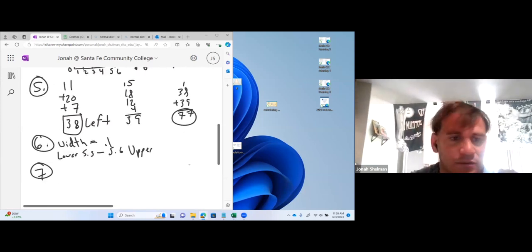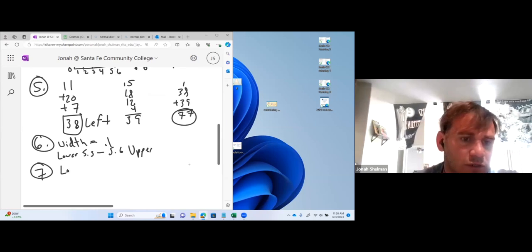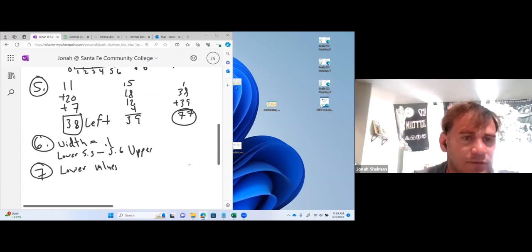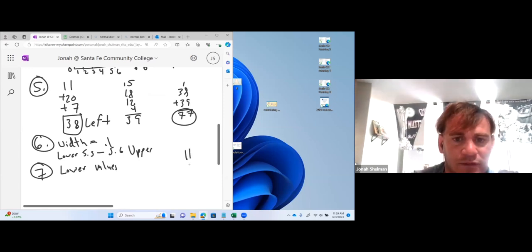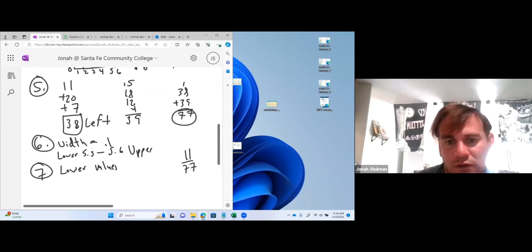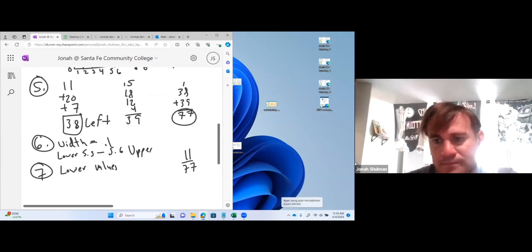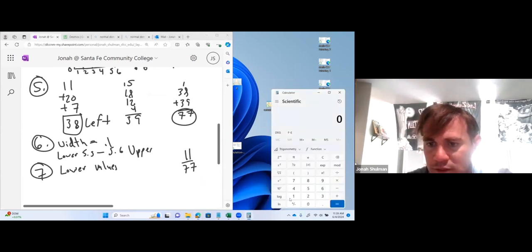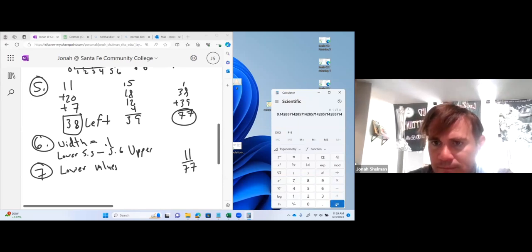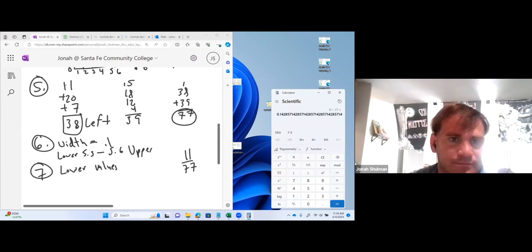But basically, they would all be lower values because instead of 11 for the first one, it'd be 11 out of 77. So, trying to bring up the calculator. 14%.